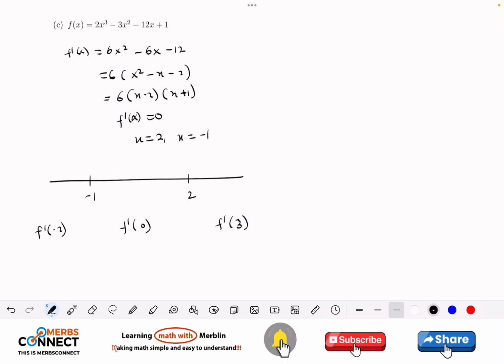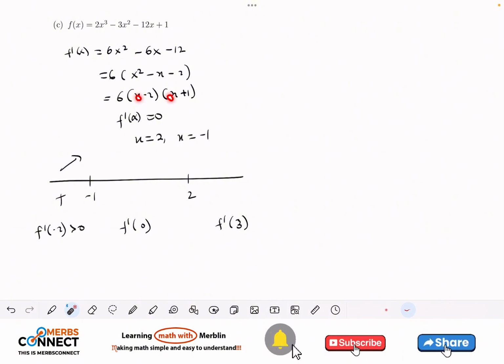So let's go through quick. Put minus 2 here. This will be minus, and this one will be minus. Minus minus will be positive, so this one will be greater than 0. Positive, increasing. Put 0 in, and this is going to give us minus, because minus 2 times this will be minus 12.